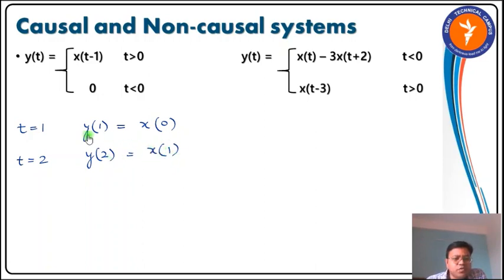Now these two equations show that the present output is dependent on past input, because in reference to t equal to 1, t equal to 0 is in the past. Similarly, the present output in this equation is dependent on past values. So as the system is only depending on the past values, and I don't think anywhere we can encounter any output which can depend upon future values, we will call this system a causal system.